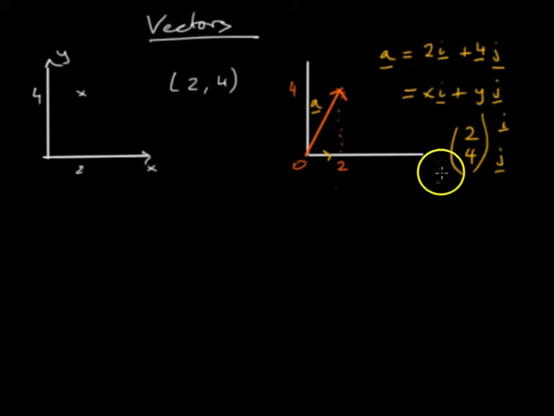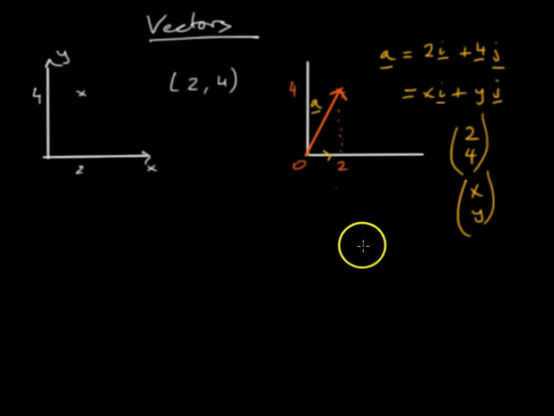In other words, this was the general form for that type of vector. The general form for this type of vector, which is called a column vector, would be x and y, where this is the i direction and this here is the j direction.